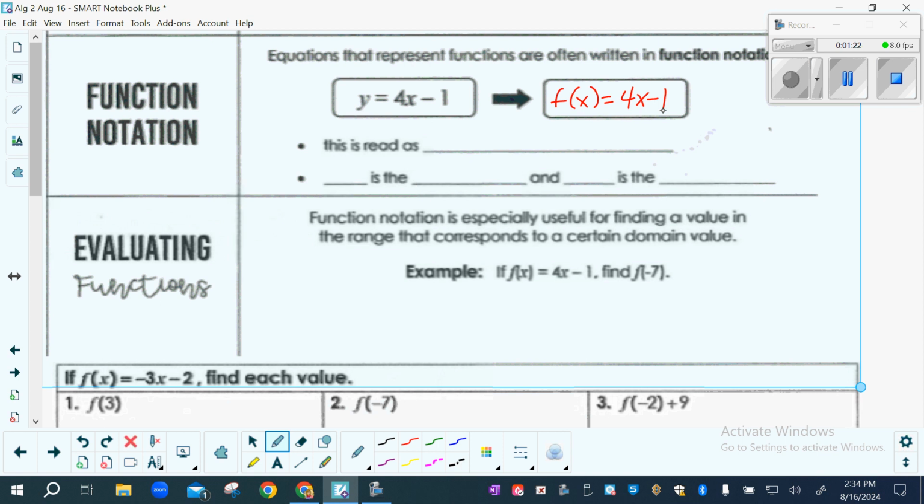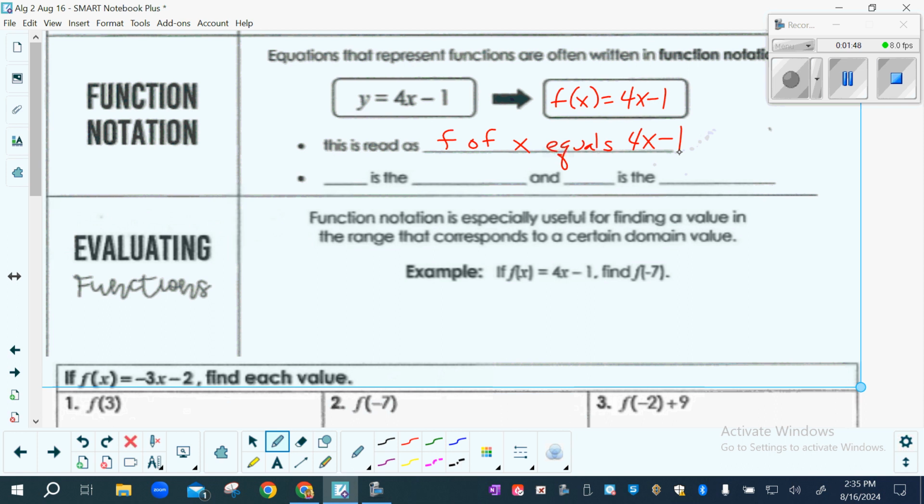So this reads as f of x equals 4x minus 1. Sometimes students want to read it as f times x. It is not a multiplication. It's notation, f of x, which means it's a function.